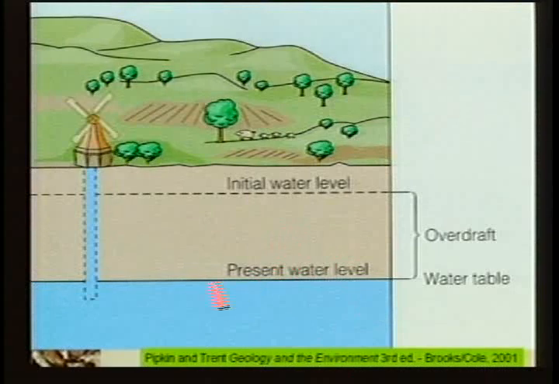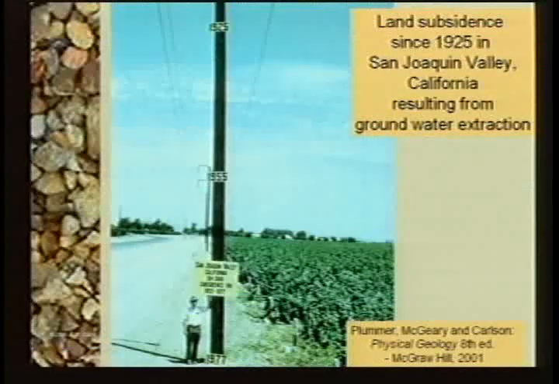Here you see what happens. Here is our initial water table level. And because a lot of pumping has been done, this is the present water level, so we call the difference the overdraft. Water is removed faster than how fast it could have been replenished.